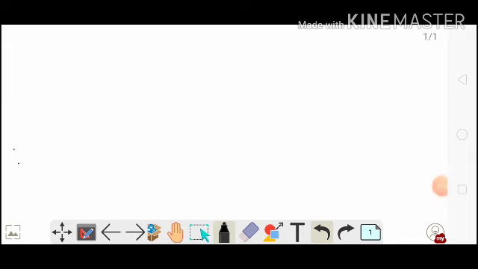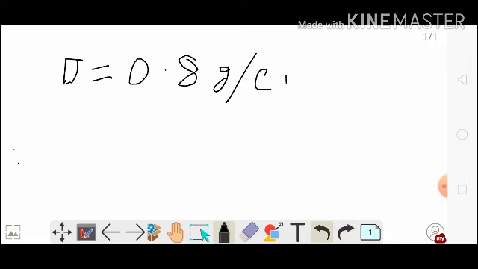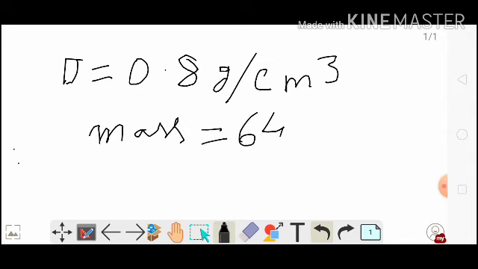Number 3 is: a substance having a density of 0.8 gram per centimeter cube has a mass of 64 gram. What is its volume? So the density is given as 0.8 gram per centimeter cube, and the mass is given as 64 gram. We have to find out the volume.